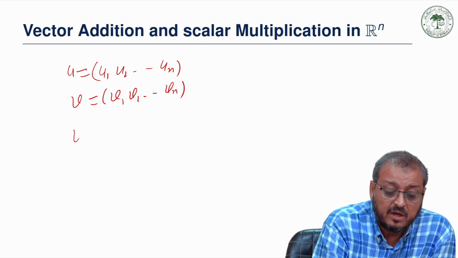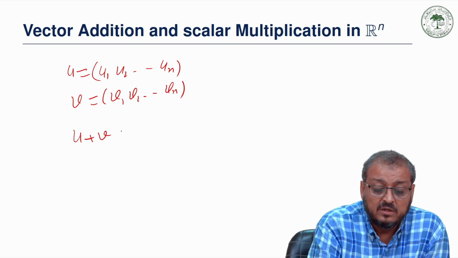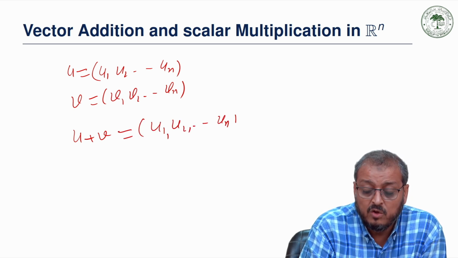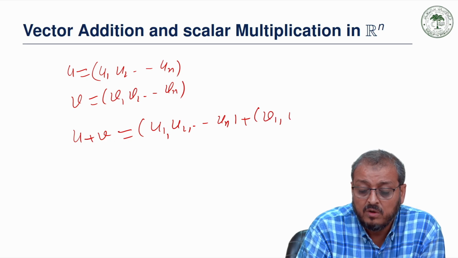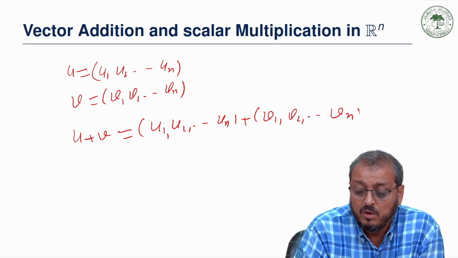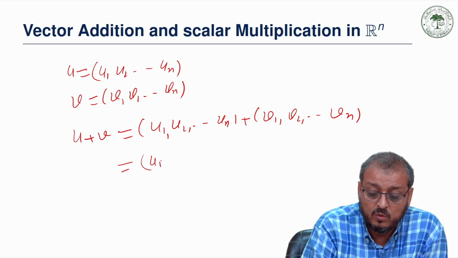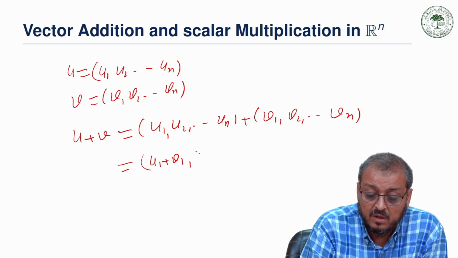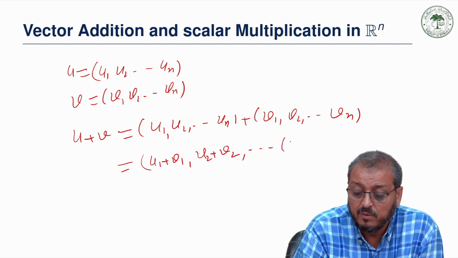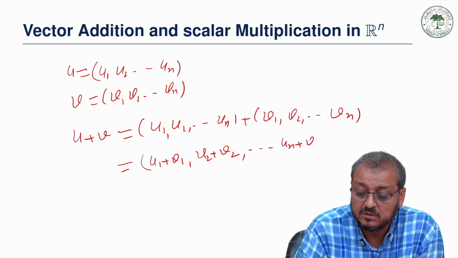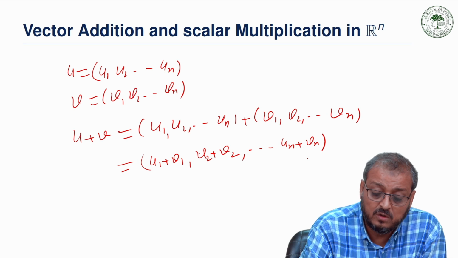Then the sum of the two vectors u plus v is (u1, u2, up to un) plus (v1, v2, up to vn). By the definition of the sum of vectors, we can write (u1 plus v1, u2 plus v2, and so on, un plus vn).